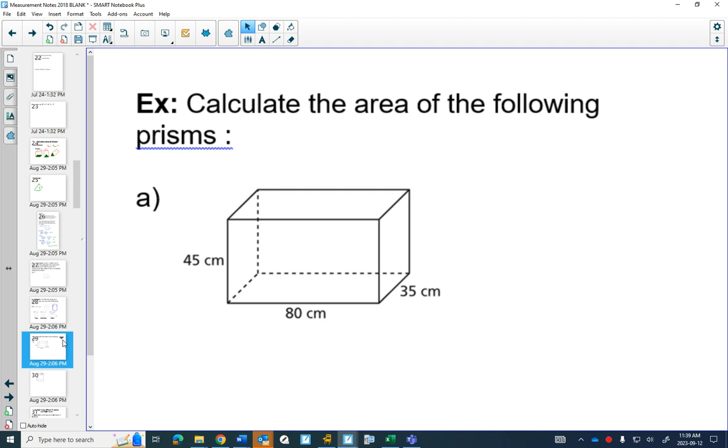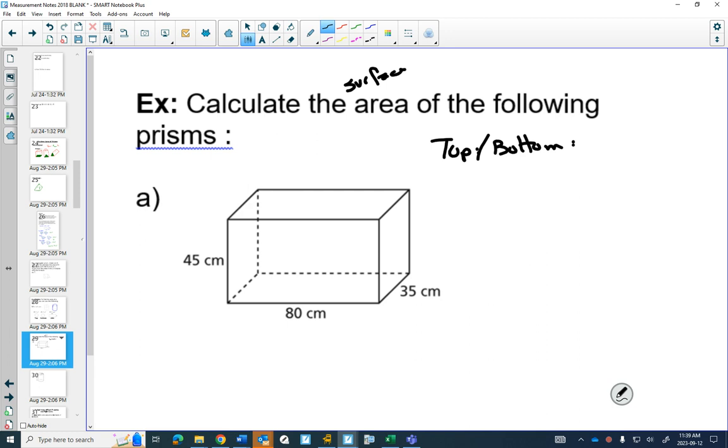is be organized. So if I want to calculate the surface area of the following prisms, to be organized, I'm going to do what I did before. I'm going to do top and bottom, leave some space for that.